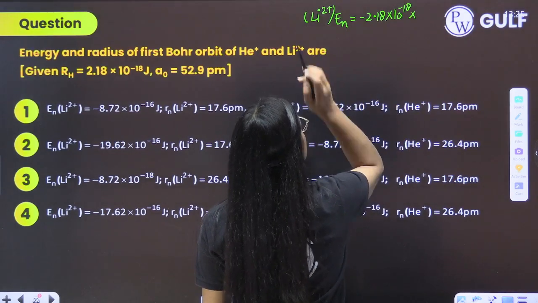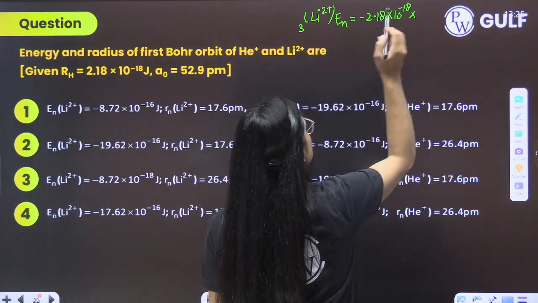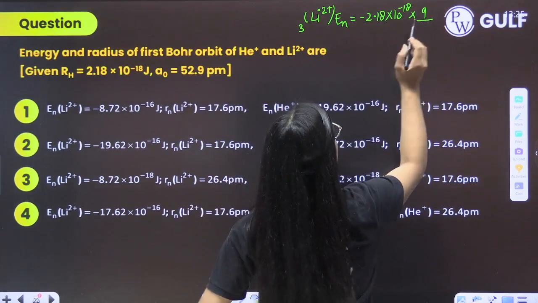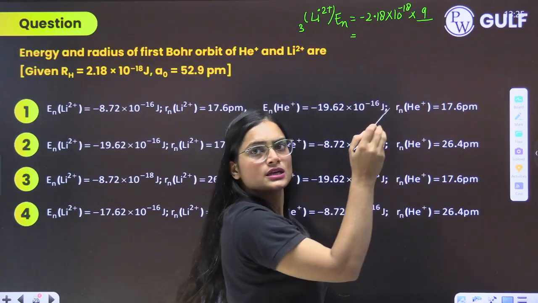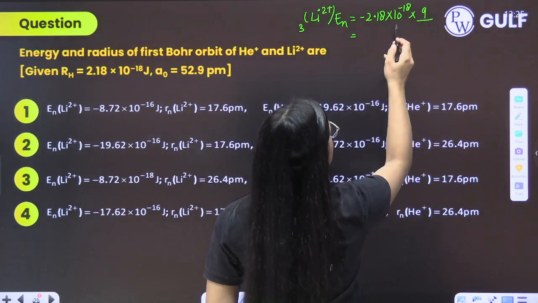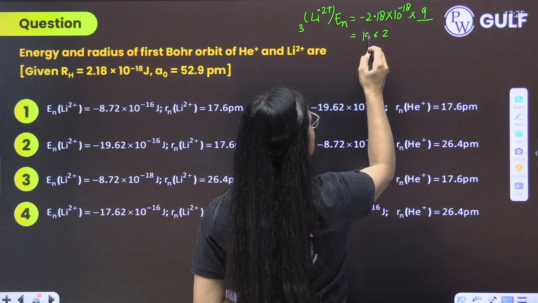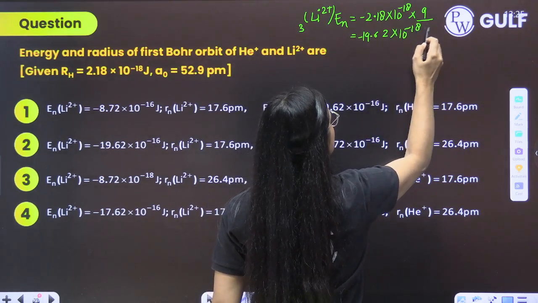Beta, Z value in case of lithium would be 3. Atomic number is 3. So 9 upon N square, they are asking about first Bohr orbit, so 1. Now again multiply 9 and 2.18, which gives minus 19.6 into 10 to the power minus 18 joule.